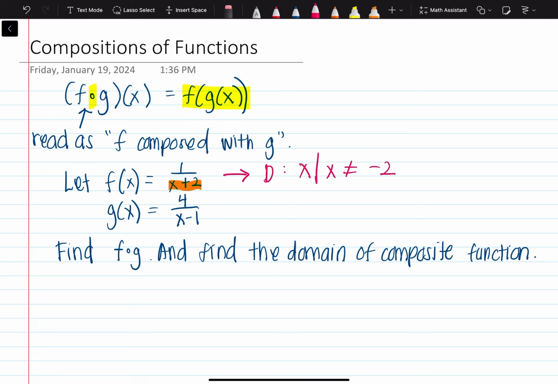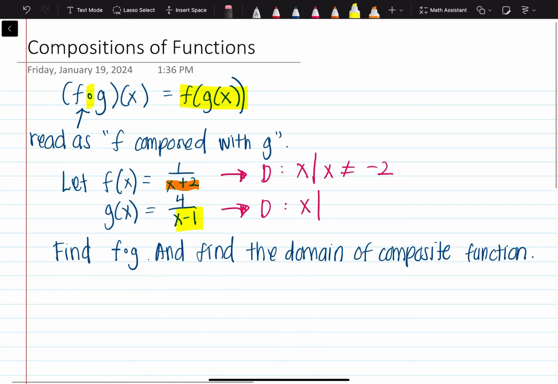If I substitute a -2 into f of x, my function will no longer work, so I need to make sure that I exclude it from my domain. Now, g of x is also a rational equation, but in this situation, the value of x that will make this denominator 0 is actually a positive 1. So my domain of g of x is x such that x cannot equal positive 1.